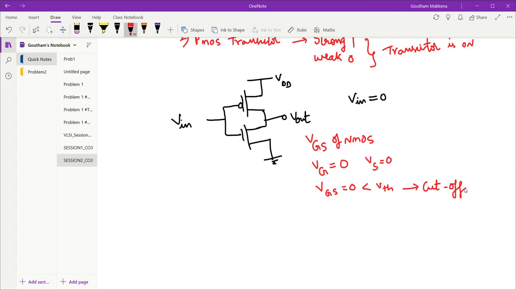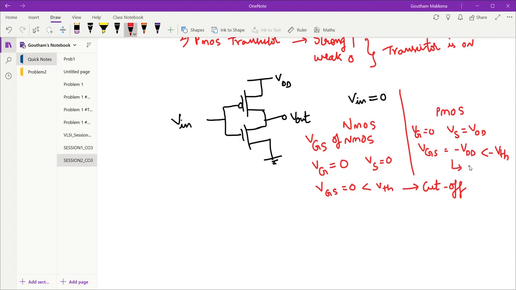Now what is happening when Vin is equal to 0 for the PMOS? So these are the conditions for the NMOS. Now what is the PMOS counterpart doing? When Vin is equal to 0, VG is equal to 0 and Vs is equal to VDD. So VGS is equal to minus VDD, which is of course less than minus VTH.